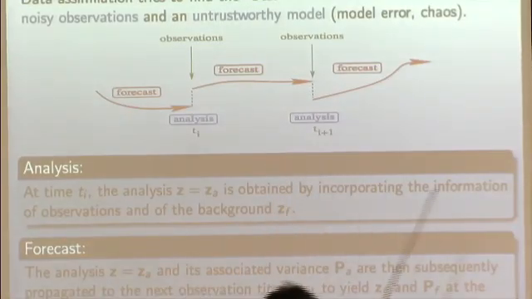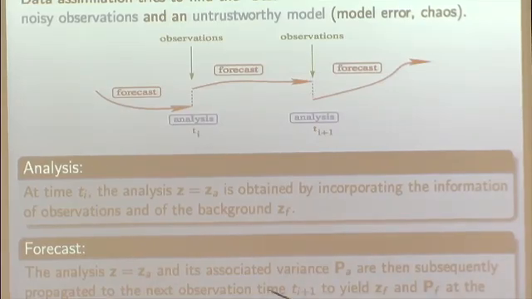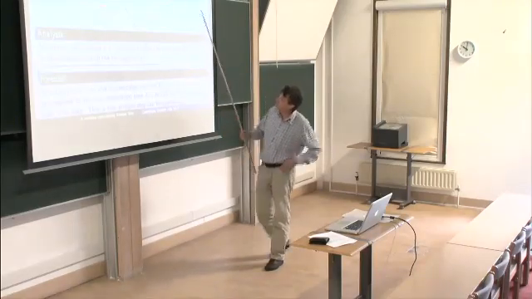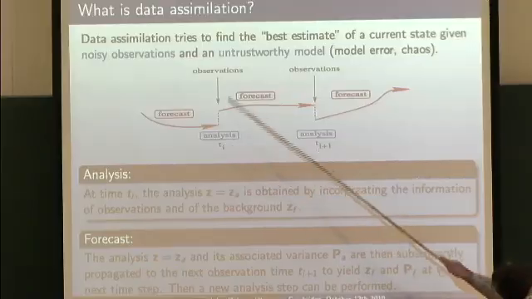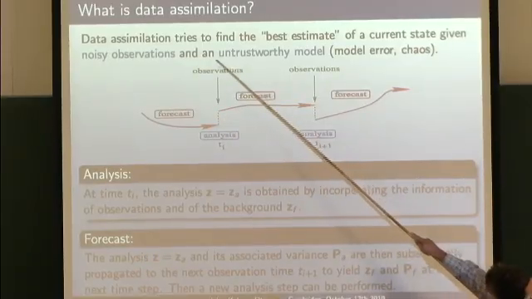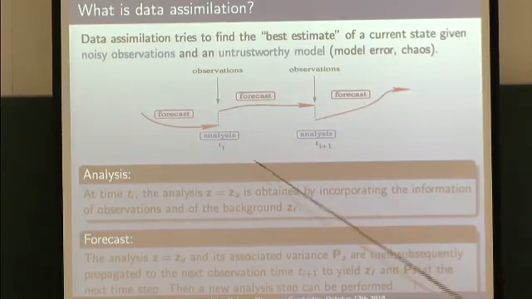My talk is concerned with data assimilation, and just a very brief overview of what I'm going to do, I assume you all know this. Data assimilation tries to combine noisy information we get from a forecast and from observations and produce an analysis.